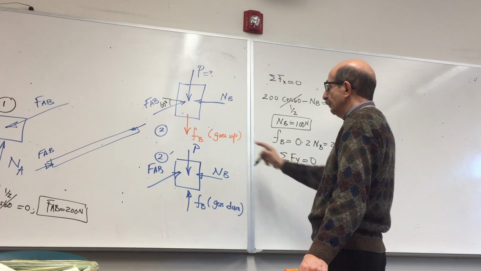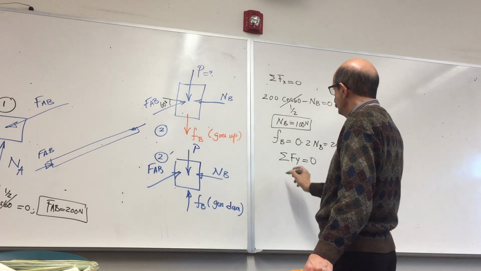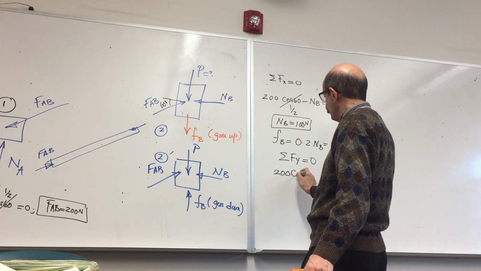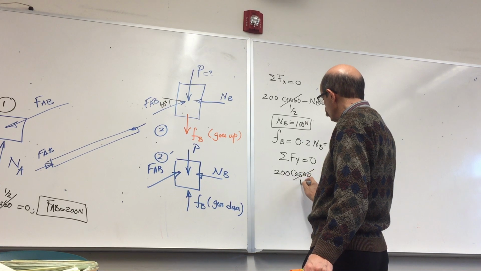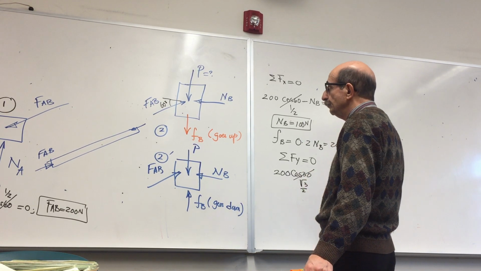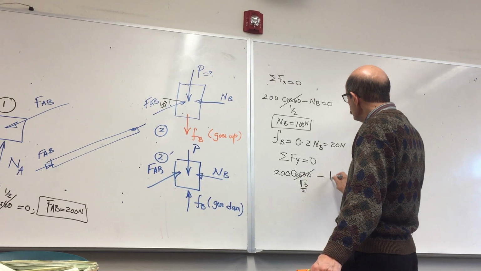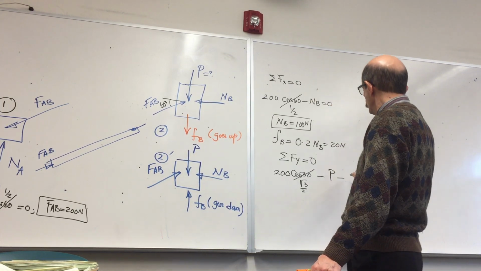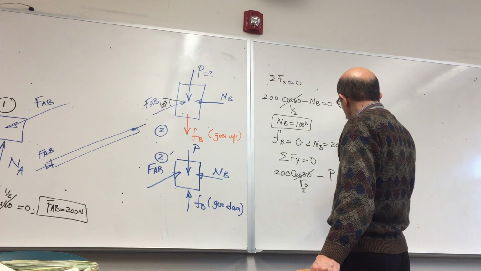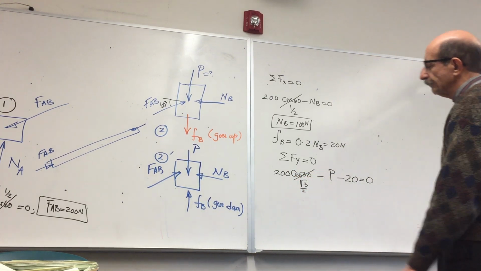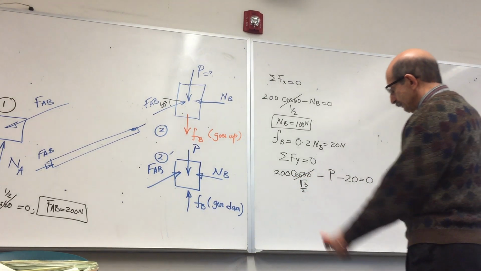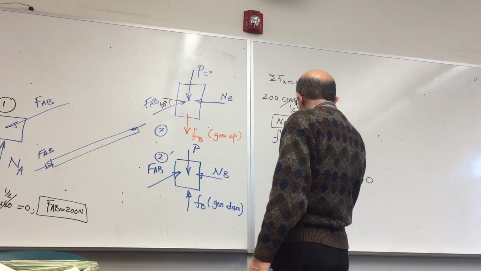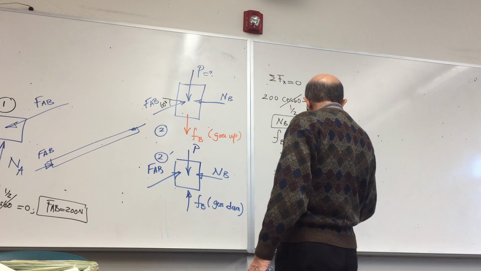I have F_AB cosine 30, where F_AB is 200, cosine 30 is square root 3 over 2, minus P minus F_B, which is 20, equals 0. This is 174, so 174 minus 20 is almost 154 Newton.